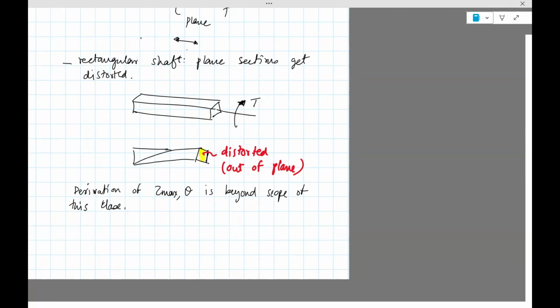So what we do is we basically have these tables which we can use. People have done these calculations for different geometries, length and width, and they have a table, and we can just use the table to figure out what is the maximum stress and the angle of twist.